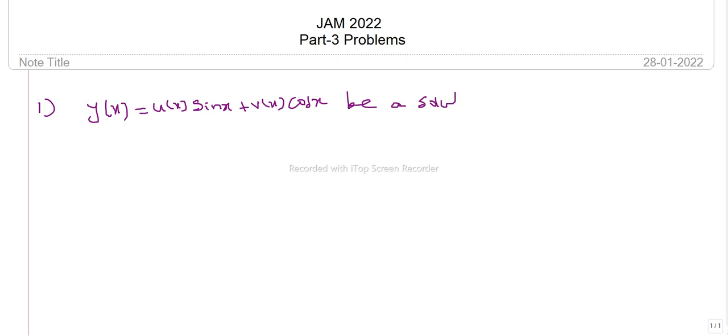Problem 1: suppose y of x equals u of x into sin x plus v of x into cos x be a solution of the differential equation y double dash plus y equal to secant x.